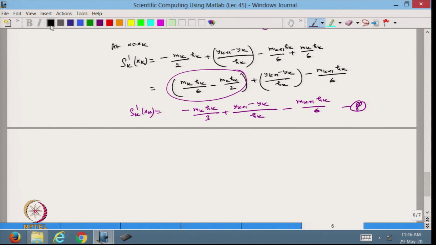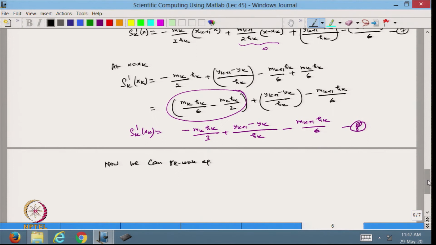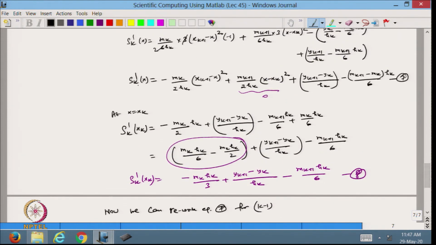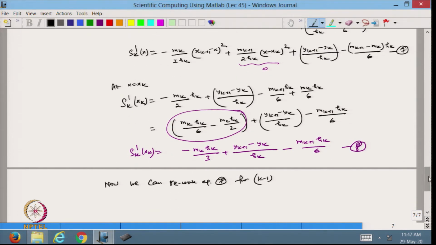Now we can rewrite equation 7 for k minus 1. As this is written for the kth subinterval, we can write this for the k minus 1 interval. So I can write this as s dash k minus 1 x.